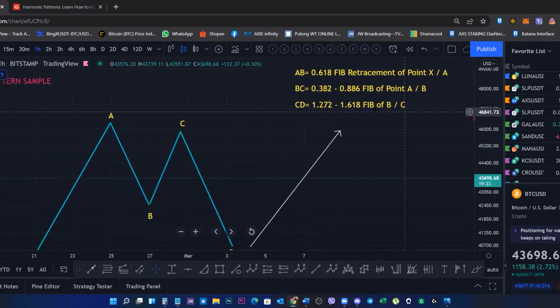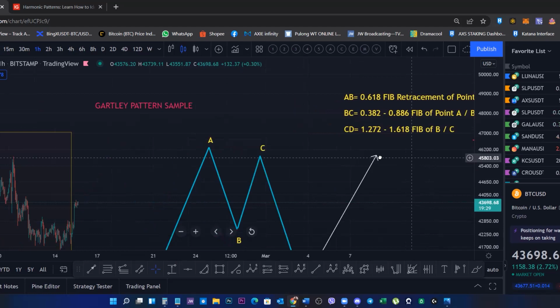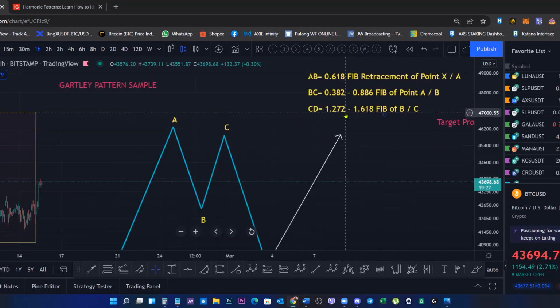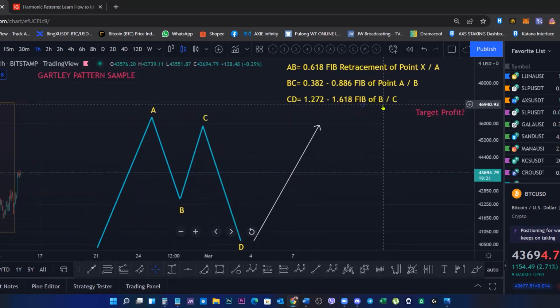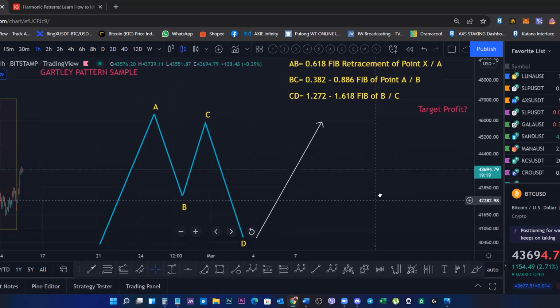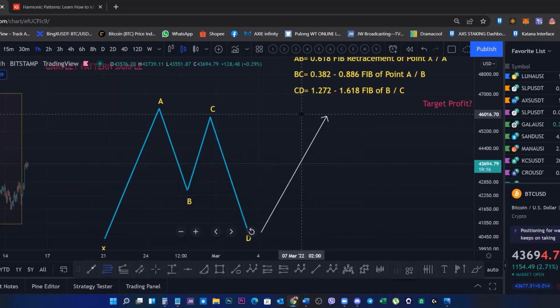In our chart here that I mentioned, D is 1.272 or 1.618 of the BC. So, this is the point B and C. Okay?